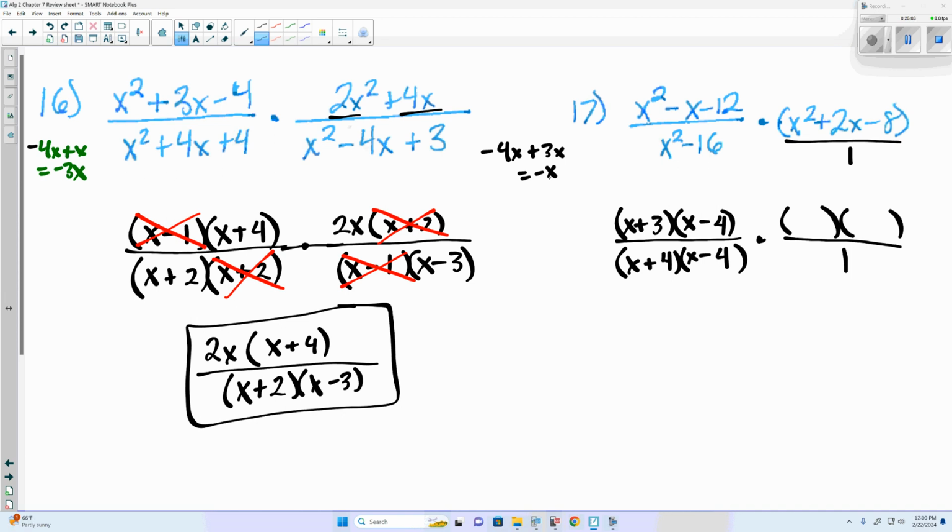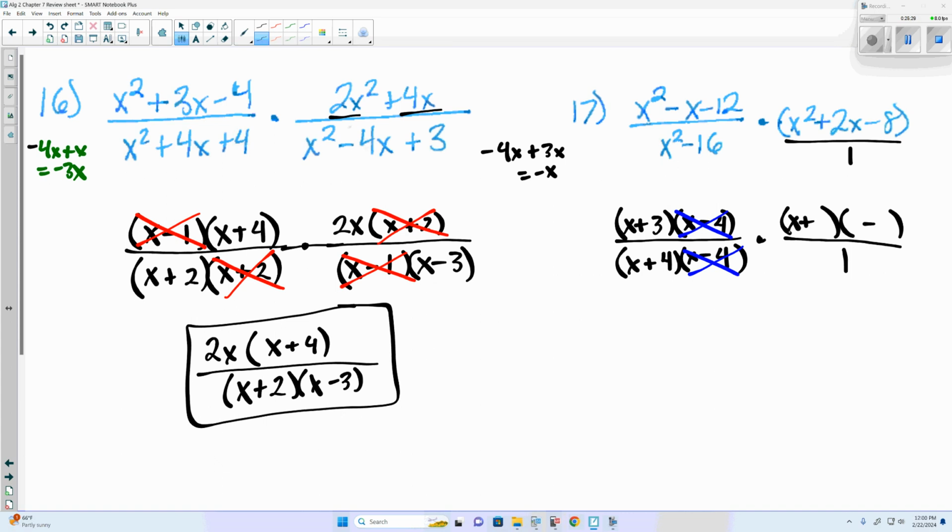Well, we already have something in common on top and bottom, yes? x minus 4 and x minus 4, we can go on and remove it. There's nothing that says we can't do it now, especially if it's already on top of itself. Now in the other parentheses, x squared plus 2x minus 8. 8's negative, so our signs are opposite.